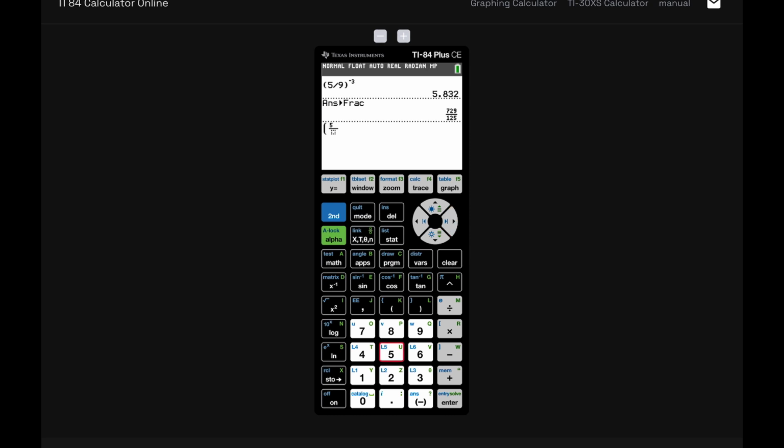And it's 5 over, so I go down to get my denominator, 9. And then I'm going to have to arrow out of the fraction so I can close my parentheses. And then when I raise it to the -3 power, it actually gives it to me as a fraction. So obviously both ways get you to the same answer, but that's a nice little way to have the fraction show up, numerator over denominator, like we saw in the notes.